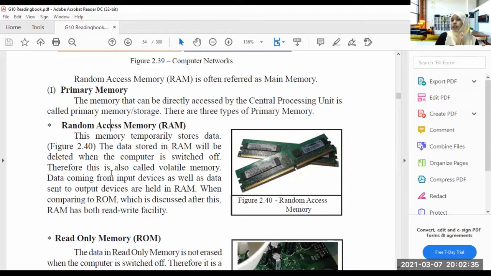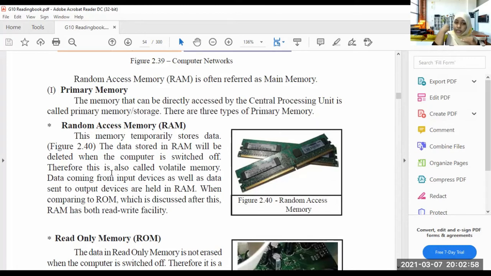So that's it about the RAM. RAM stores data and information temporarily. When the computer is on, it stores all the data and information, and once the computer is switched off, all of it will be erased. For that, it is called volatile memory.